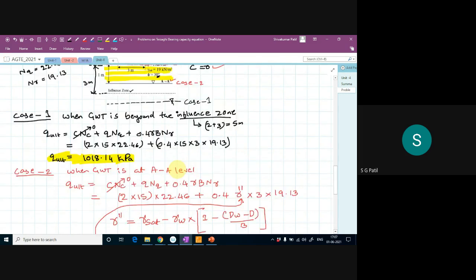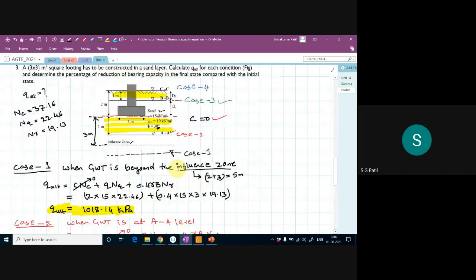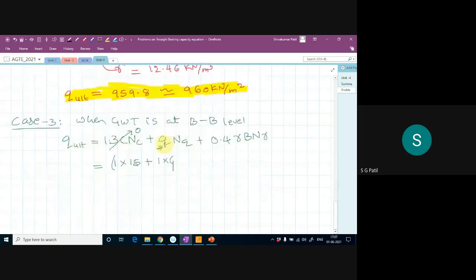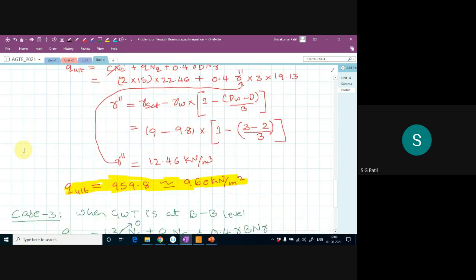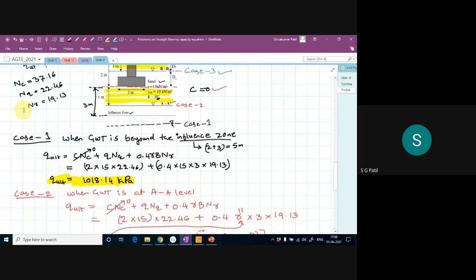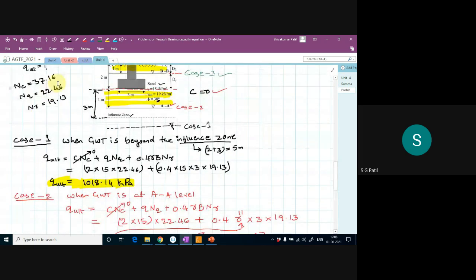Saturated unit weight is 19, so 19 minus 9.81, into N_q value. What is the N_q given? N_q is 22.46.